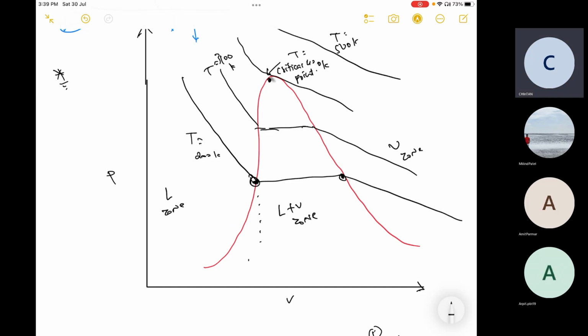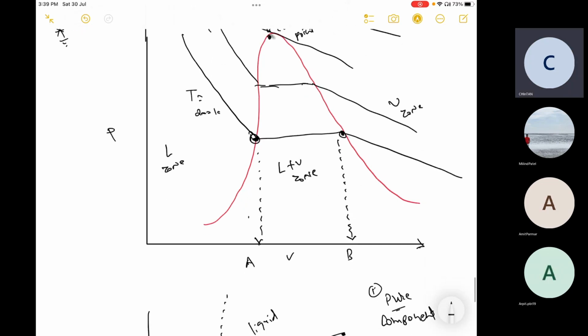This point is A, and this point is B. Let's suppose this is the liquid zone and this is the liquid plus vapor zone. So at T equal to 200 Kelvin, what is this A and what is this B?